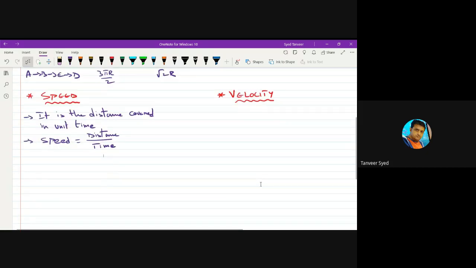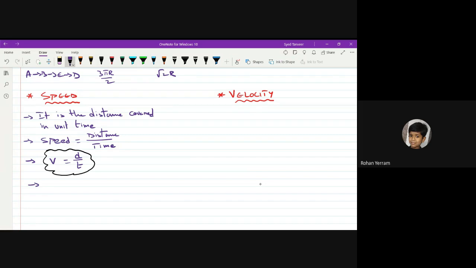The standard symbols that we use are speed is represented by v, not with S. Distance is represented by d and time with t. This is the standard representation followed in most of the books, so it is better if you also follow this. Speed is distance by time.